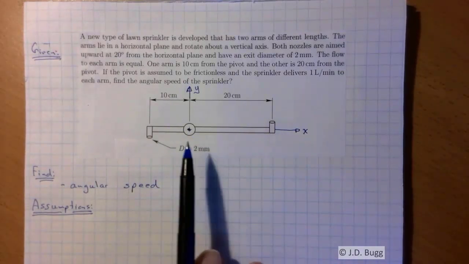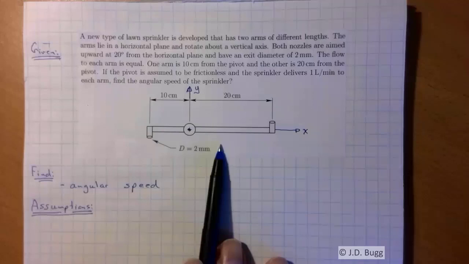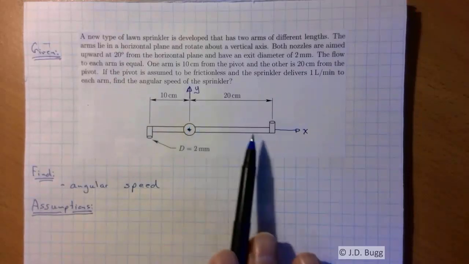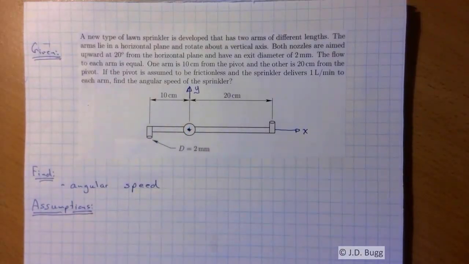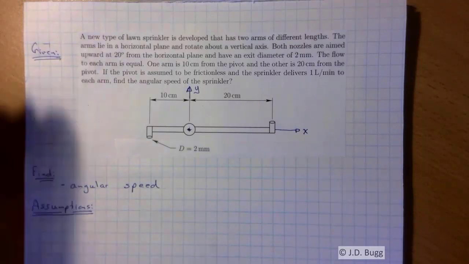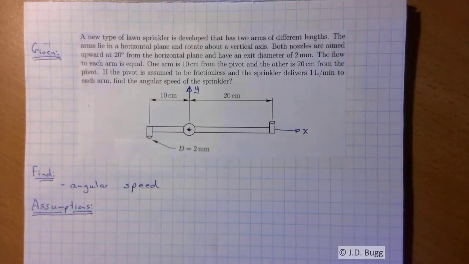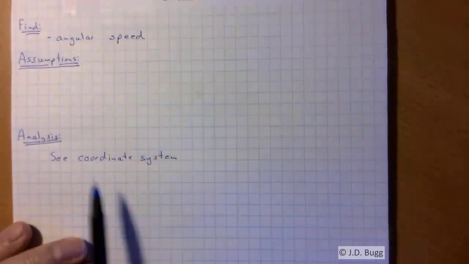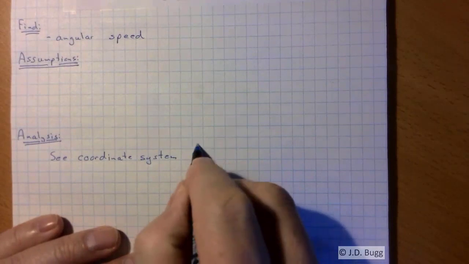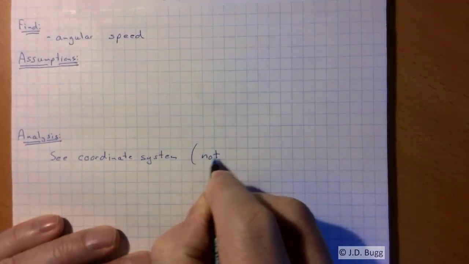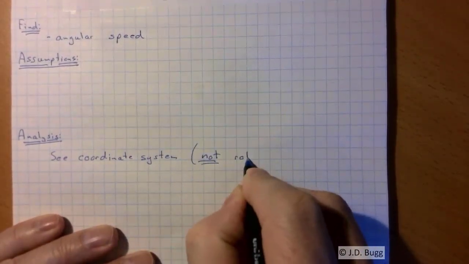But if we look at this a second later, the sprinkler will have rotated, but the coordinate system does not rotate. You cannot use a rotating coordinate system because that's not an inertial coordinate system. So the coordinate system has to be fixed. I'll make a note here: not rotating.